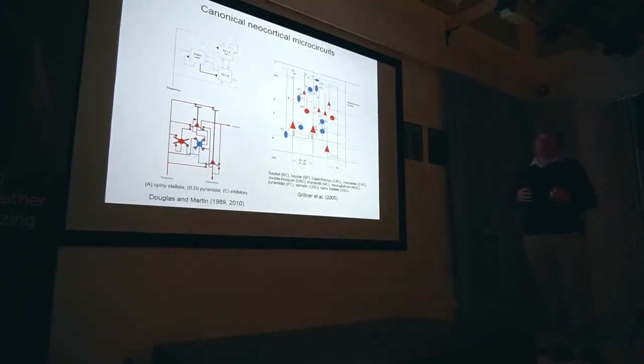Within these columns, you can have microcircuits, canonical microcircuits, and some have been defined. Often, layer 2/3 has a set of excitatory pyramidal cells, as does layer 5/6, and then there are inhibitory cells which allow these populations to inhibit other populations and also regulate.